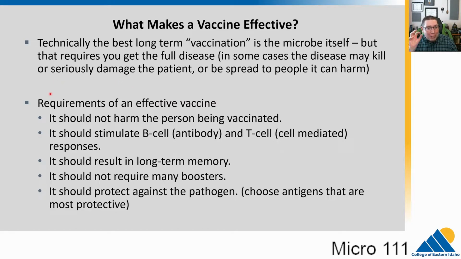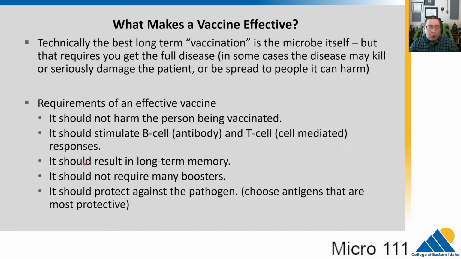So we have a couple key requirements here. Number one is the vaccine should not harm the person being vaccinated. Obviously, that's the whole point right here. You can develop an immune response without being harmed. That's the goal. It needs to stimulate both the B cells, which make antibodies, and the T cells, the cell-mediated responses. If you get both sides of that going on, it's going to provide strong protection.